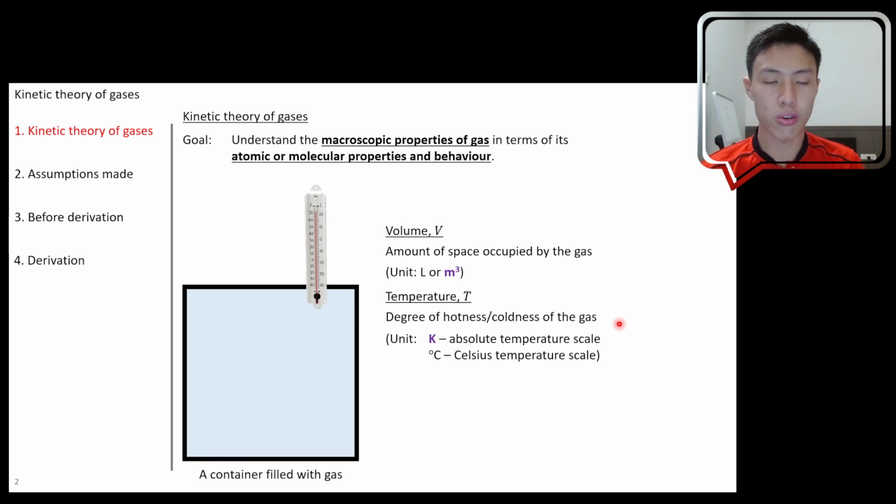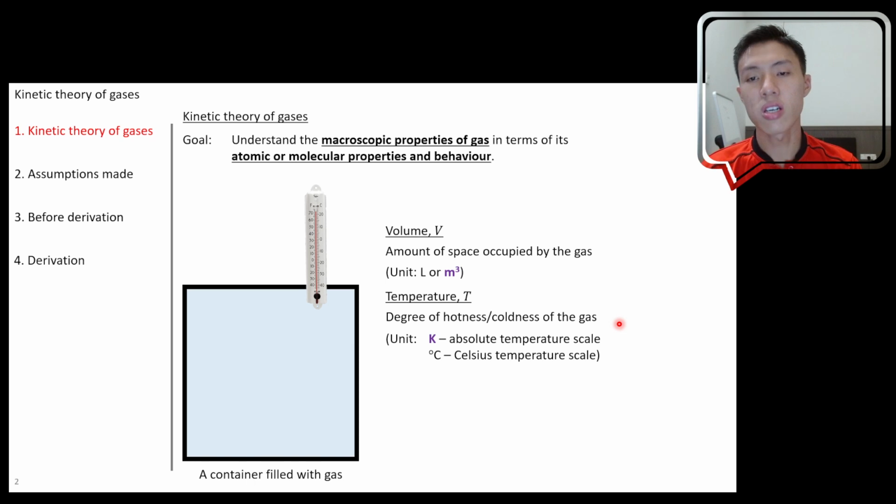Of course, there is Fahrenheit as well, but we are using the metric system, so it's either Kelvin or degree Celsius. Kelvin is the one we will use in this chapter, so if you have a temperature in degrees Celsius or Fahrenheit, you must convert it into Kelvin before you proceed to do any calculation in this chapter.